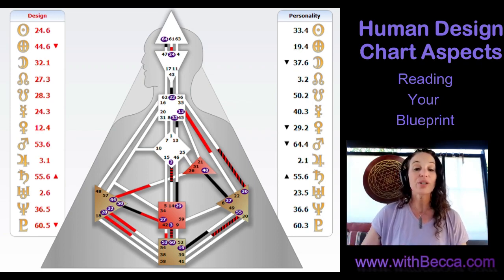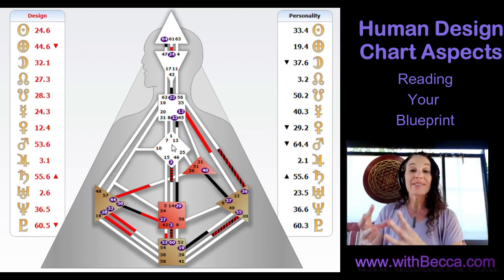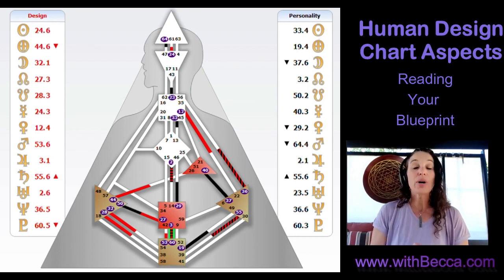These colored in centers then have a set way of expressing themselves within our life. So as we get to look at these centers, they will be ones that are referred to within human design as defined, meaning that you have a set way you work your energy within them.